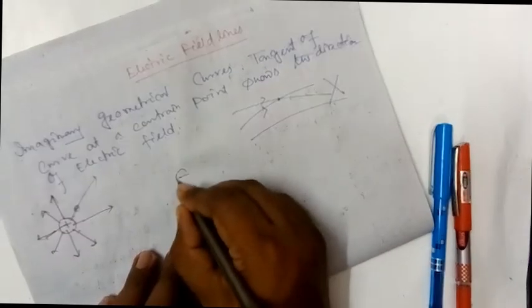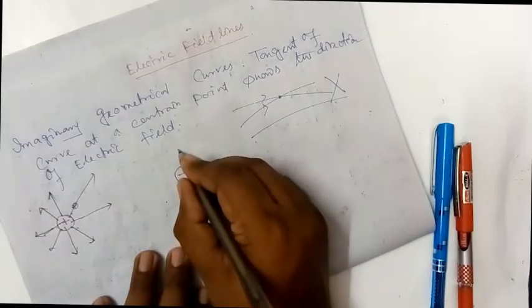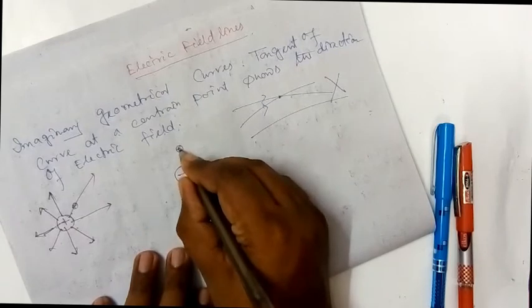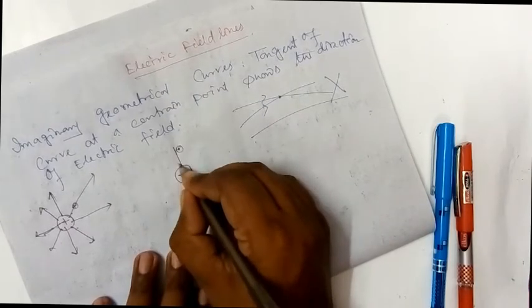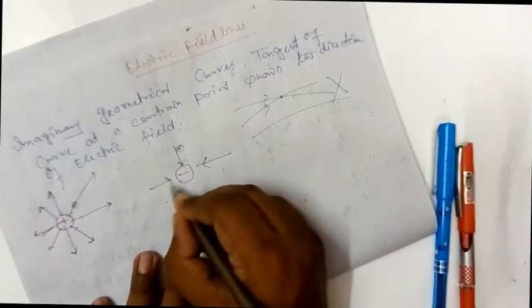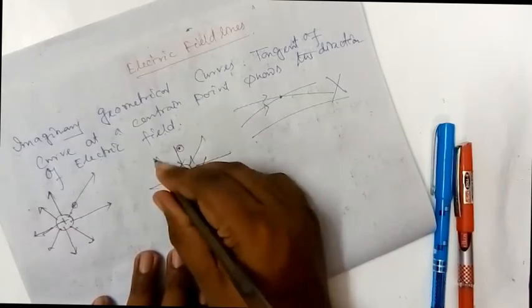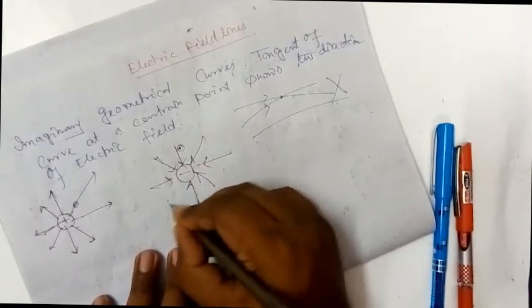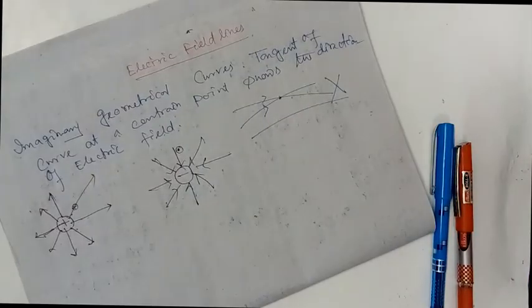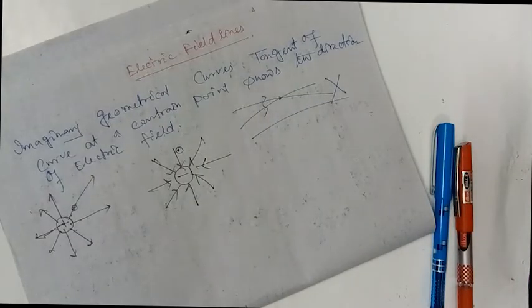If I take a negative charge and keep one small positive charge near it, it will attract it. In whichever direction I keep it, it will attract. So that will be the direction of the field lines of a negative charge.